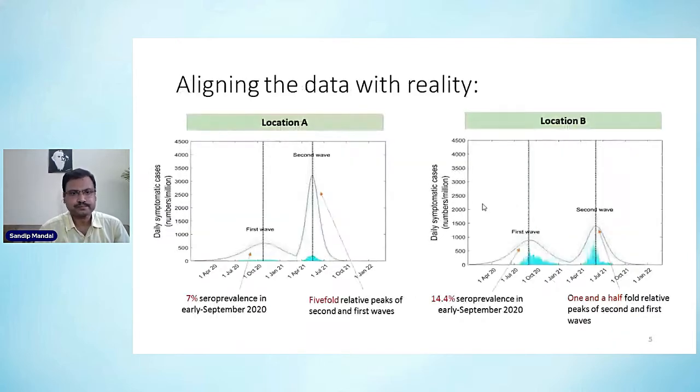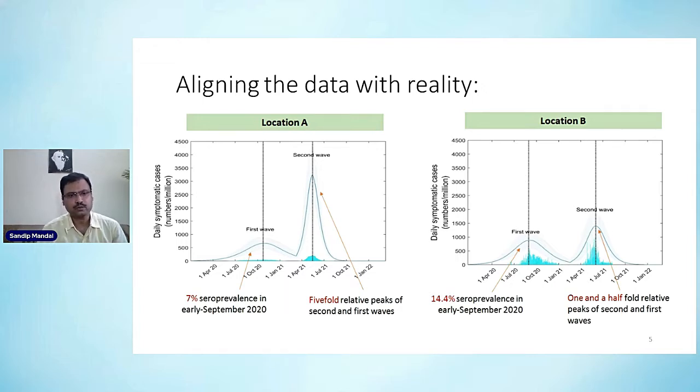Next, please. Now I am coming back to our models again, the modeling outcome. From the model, we tried to fit the model with the existing data set. We consider 2 locations, location A and location B. For location A, we calibrated the model, which is called model calibration.